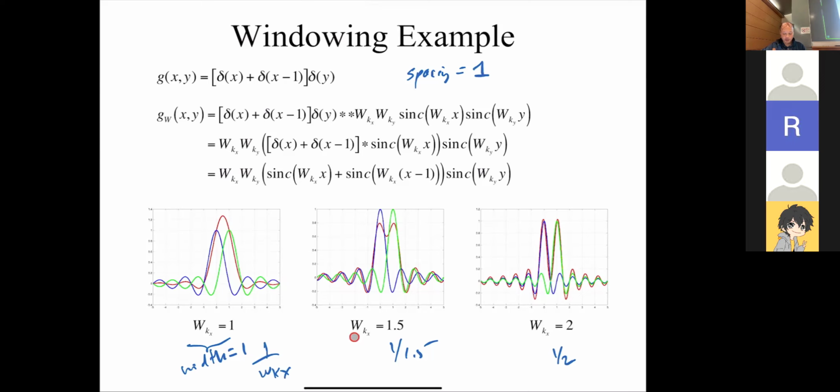But now if I go to WKX 1.5, I've gone out farther in K space, so therefore that width is now 1 over 1.5. If I do the same experiment, here's my green function. Here's my blue that's convolved the sinc with one of the delta functions. The green is with the other delta function. And now if I look at the sum, then you can see that if I had sufficient SNR, I would be able to tell that there's 2 dots there. Okay, so this is getting at resolution, right? If I have 2 dots, can I tell them apart?